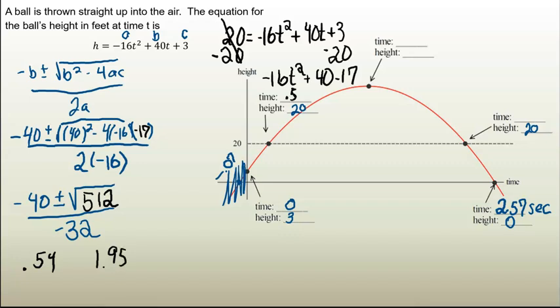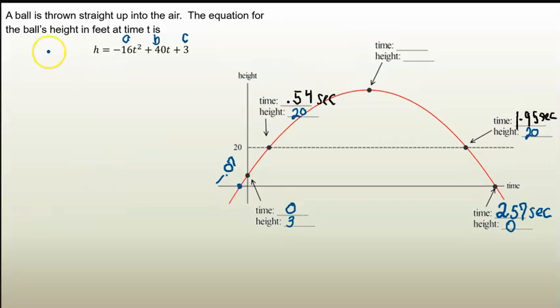All right, we got one more thing to do here, and that is to find its highest point. So let's work on that. There are two ways to find the vertex, or the highest point in this case, of a quadratic function. The way I typically teach my students is to take the results of the quadratic formula and then add them together and divide by 2.